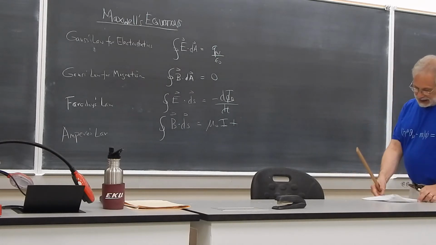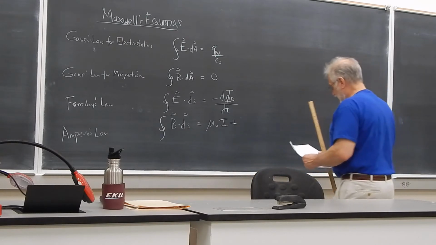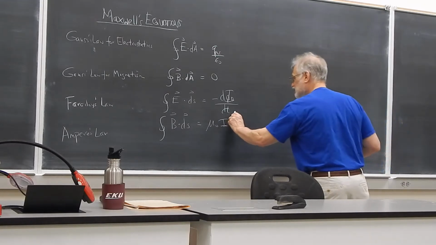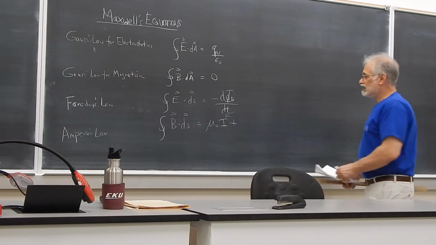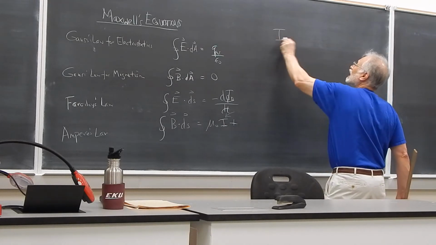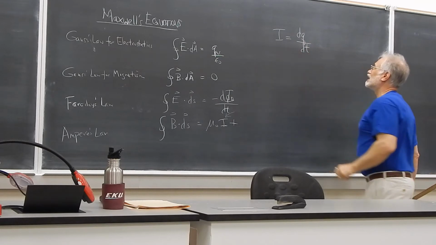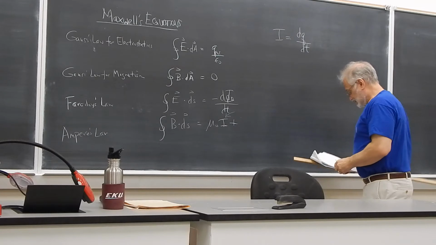We can say that the line integral over any closed path is over any path that a conduction current, a regular current, passes. And we define the conduction current, I, as just the time rate of change of charge carriers that pass through.